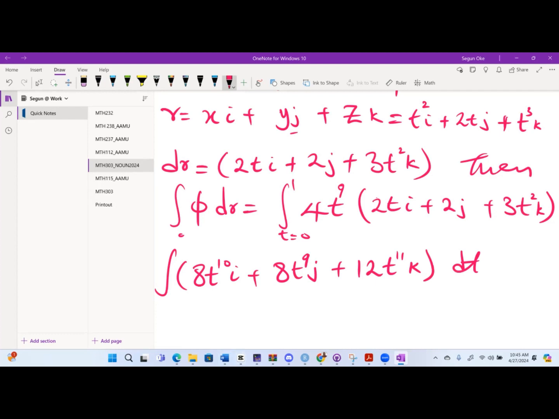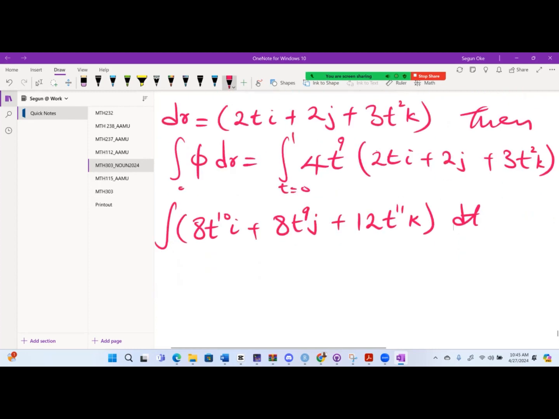So I can do it one after the other without delay. I know my limit is from 0 to 1.